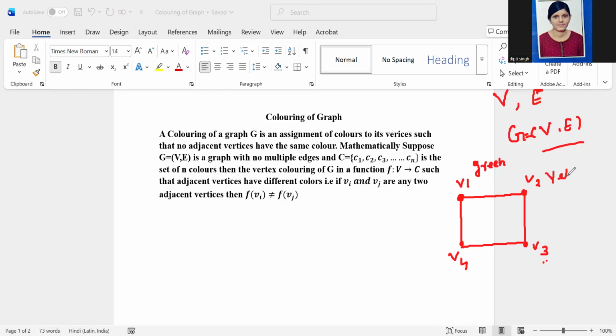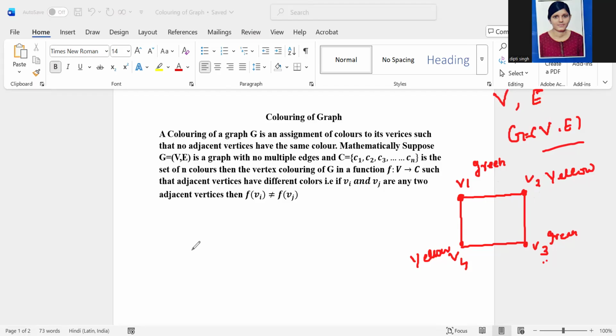If it is yellow, then you can color the next by green. If it's green, then you can color it by yellow. And you can see here that no two adjacent vertices have the same color. So only two colors are needed for proper coloring of this graph.